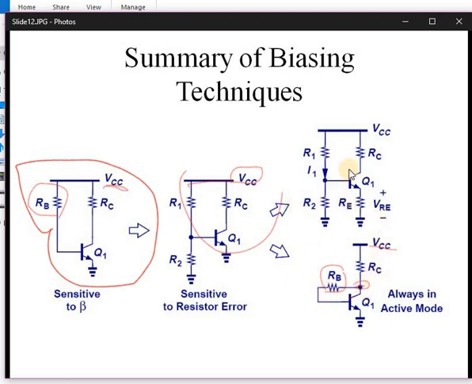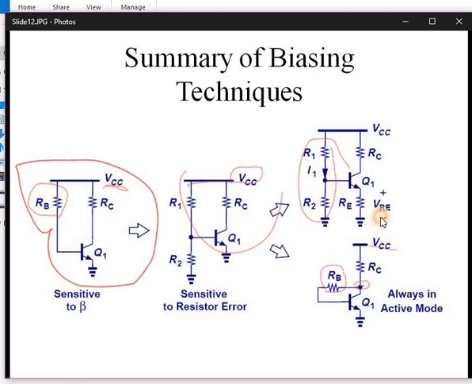The final method here is the potential divider circuit. The potential divider is formed by two resistors, R1 and R2. From this R1 and R2 you can get the base voltage VB.